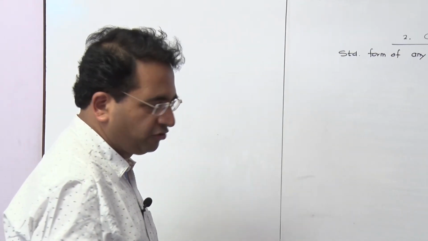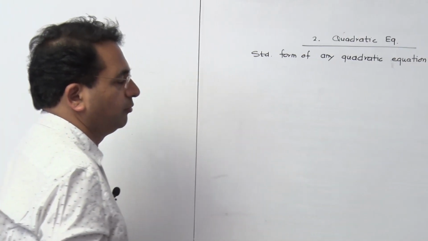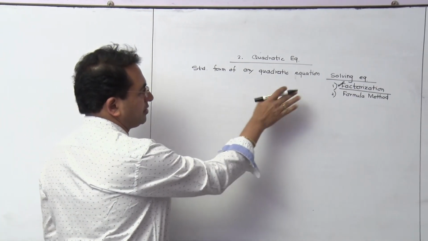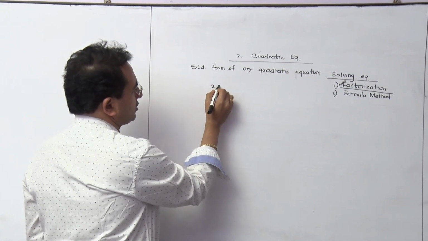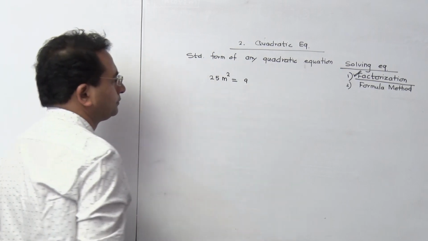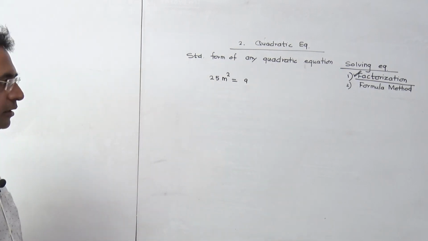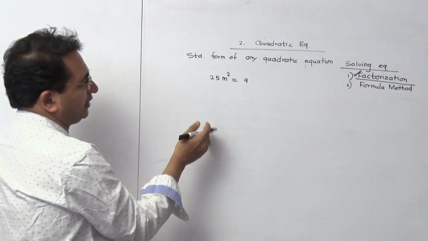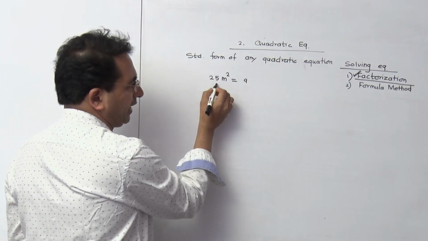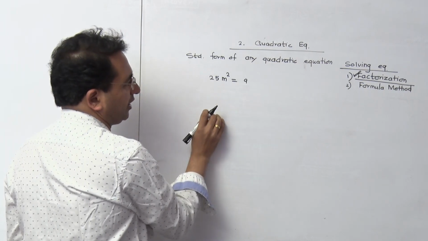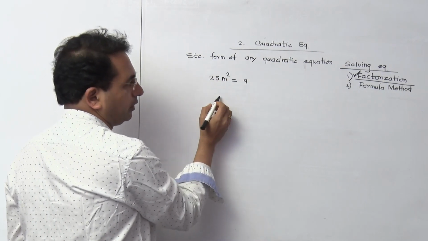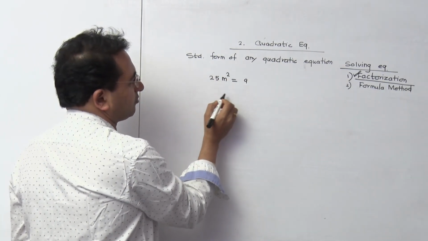Now there is one more equation. I told you earlier that the factorization method is not that simple. If you are getting all the 3 terms, then it is simple. But suppose the question is asked to you like this: 25m square is equal to 9, and students solve it like this. They directly take the square root. I know it is plus or minus, but remember one basic thing, wherever you have a variable, there you don't write plus minus.